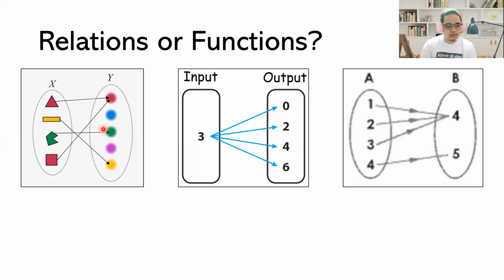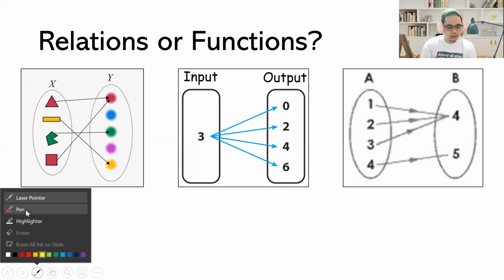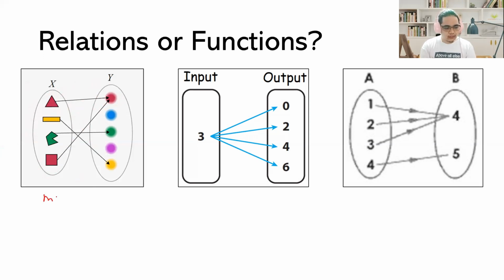So as you can see, there are elements in X, the triangle and the square, that are mapped to just one Y. So we have many X corresponding to just one Y. So therefore, this can be called many to one correspondence. So why many to one? Because we can see that there are two, which is our term many, paired to just one.